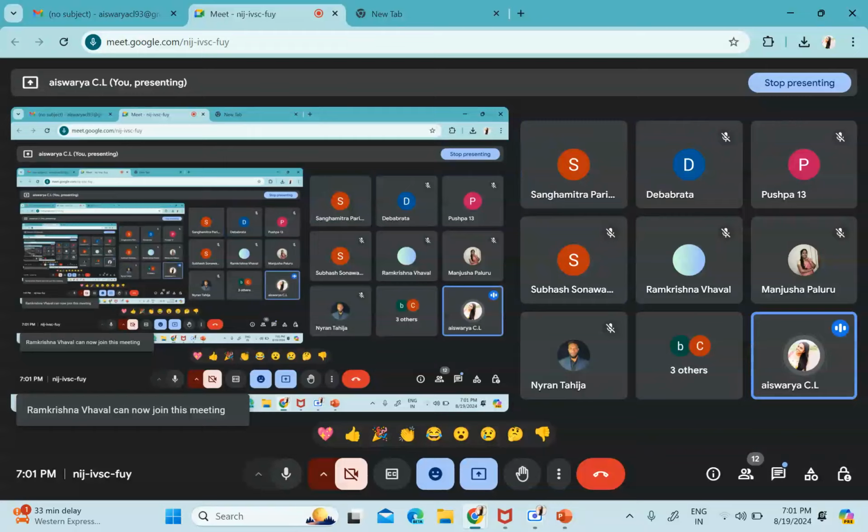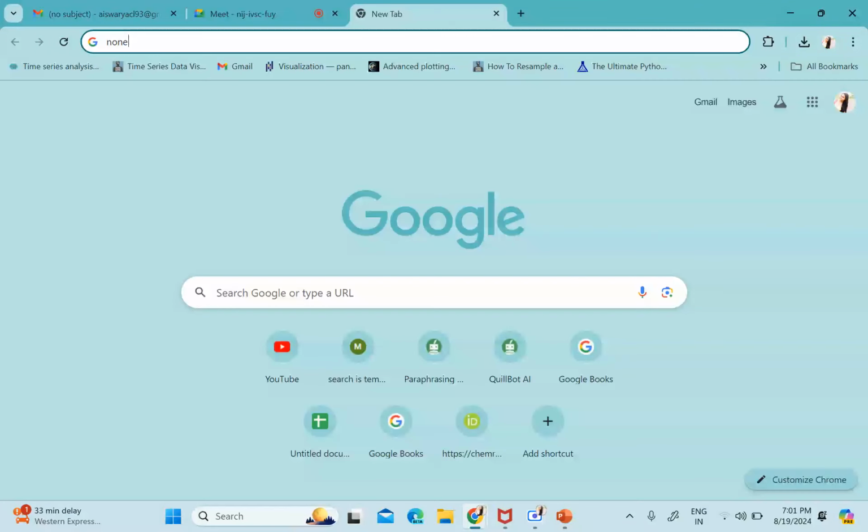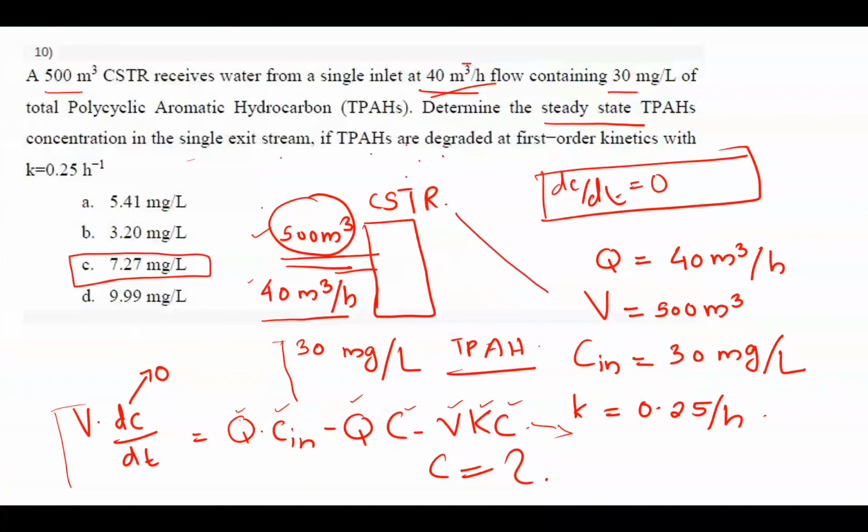Left hand side, sorry, left hand side is 0. Q here is 40, into C in this one. And then convert, yes, milligram. You can just put it because the answer is also in milligram.